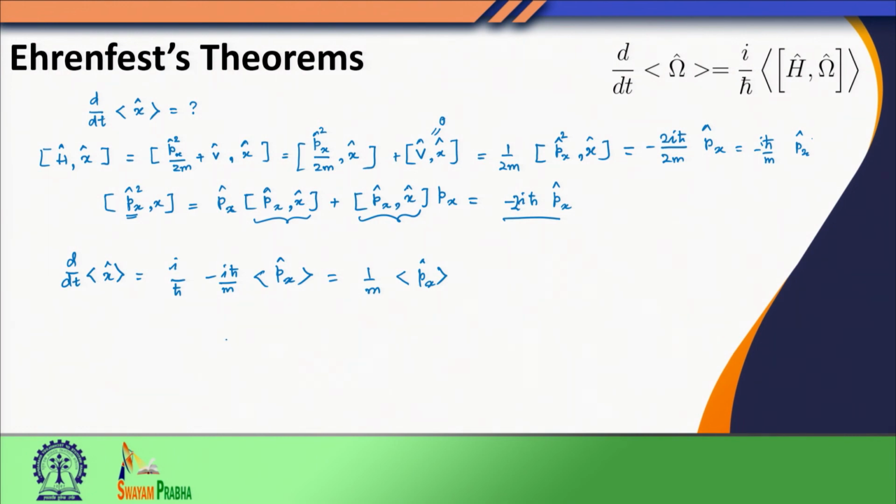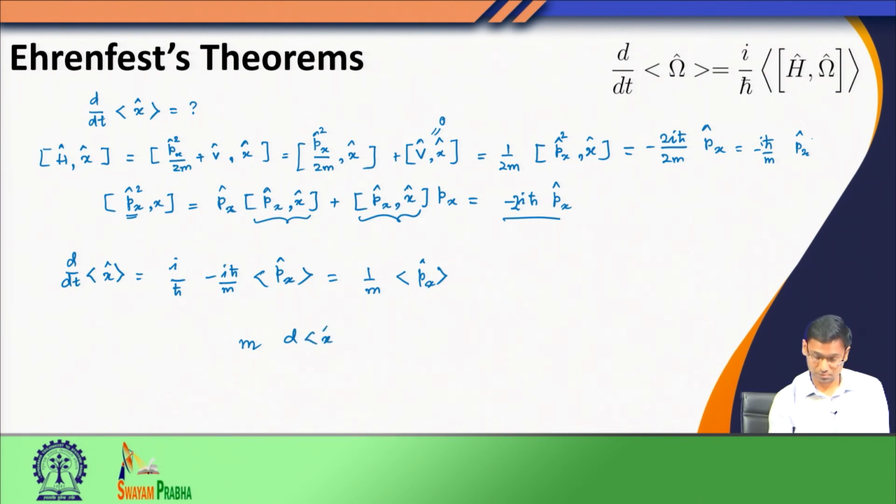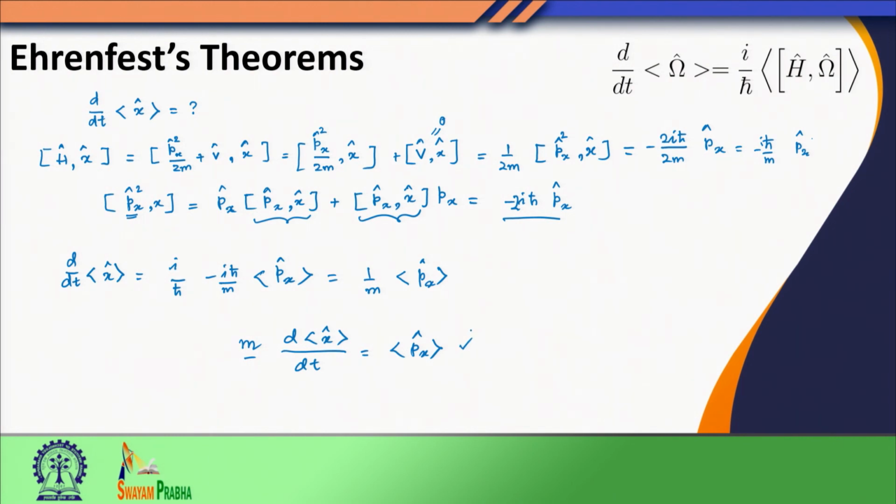I can rearrange this equation, and this should remind you that the mass multiplied by the time derivative of position, which is velocity, gives the momentum. So, this again reproduces the classical relation that we are so familiar with.